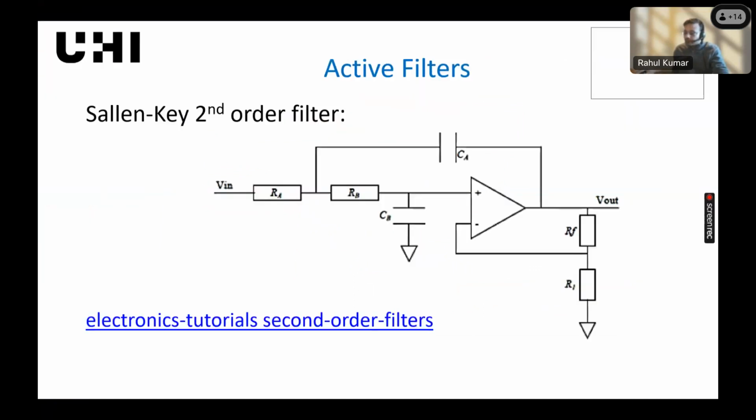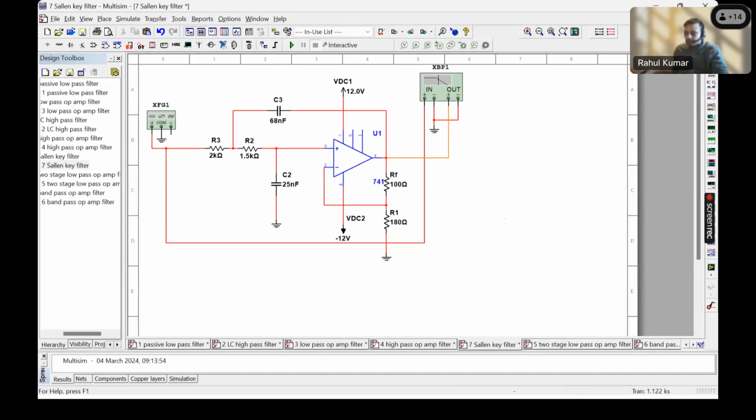Now you have two pairs of resistance and capacitances, right?